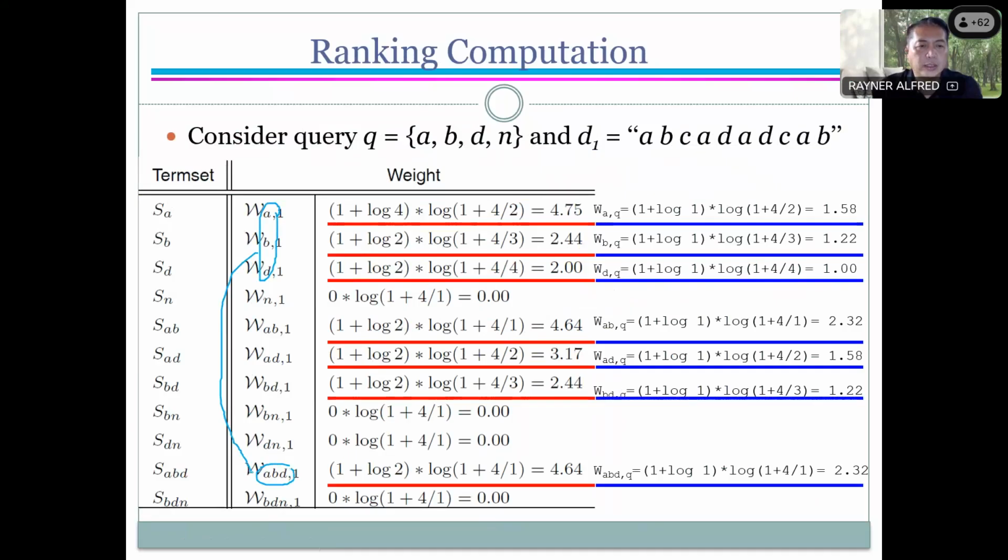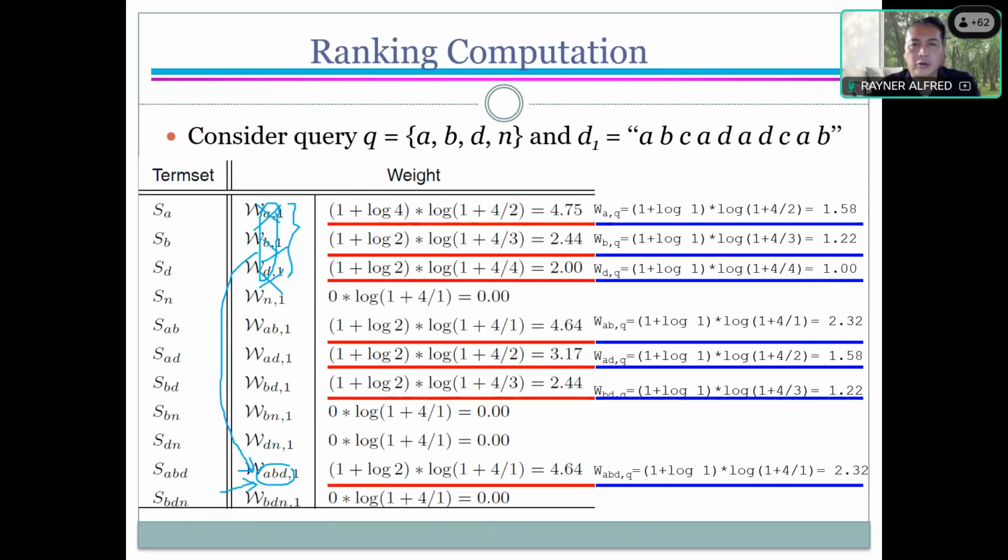So what they want to do is they say, why not we combine them? So if we have ABD at the bottom here, that's already considered. If this is frequent, that means the subset of ABD will also be frequent, right? So we don't have to consider this.